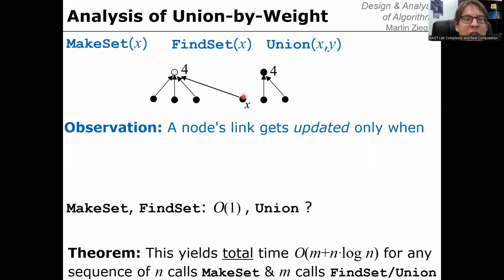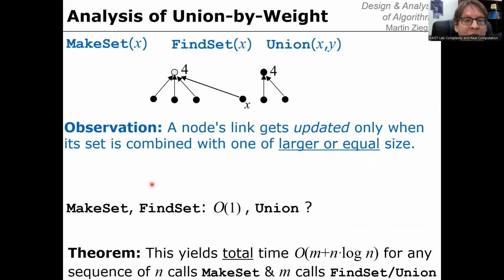Each time this pointer gets updated, that means there must be a larger set already present, and the size of the sets that must be present grows exponentially. So a node's link gets updated only when its set is combined with another set of larger or equal size, and it getting updated repeatedly means there must exist larger and larger sets.